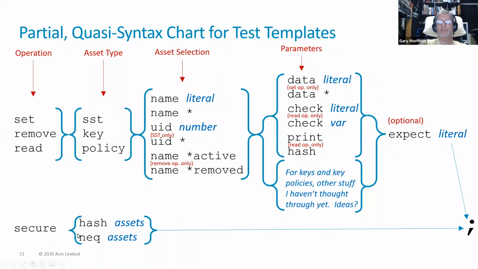I'll talk about that earlier, but there is currently very, very limited support for that, and it is of the nature of when you read a particular asset, you can tell it to create a simplistic hash of that, and then you can tell it to compare a whole bunch of assets' hashes to make sure that none of them are ever the same. So that's a very simplistic data leak check. Currently, that security checking provisions are very limited, but that's a goal.